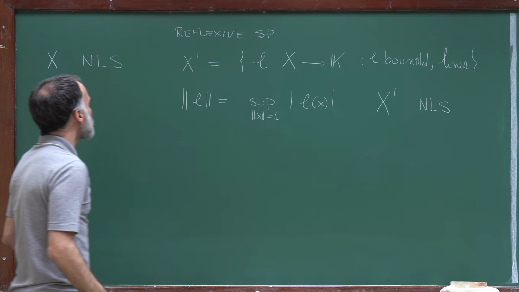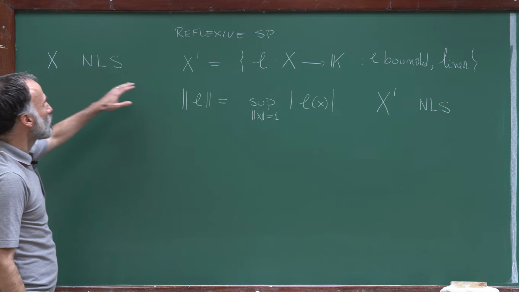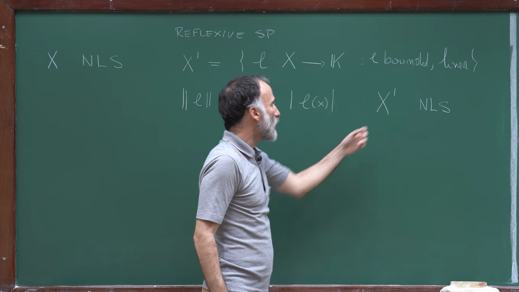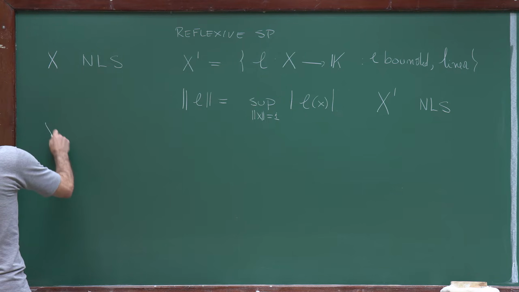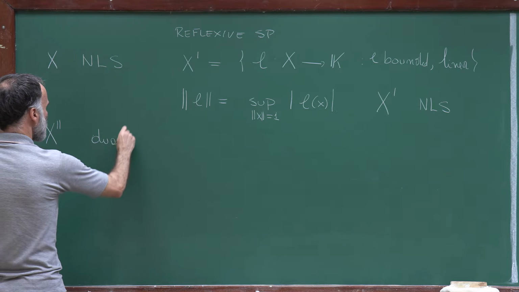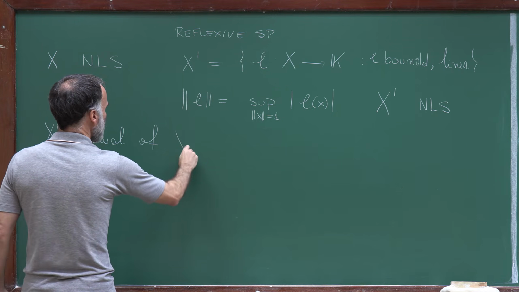and we could, in the same way as we defined the dual of X, define the dual of X prime. So I will represent by X double prime the dual of X prime.